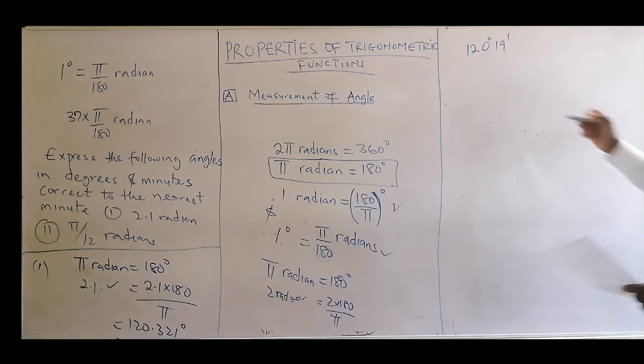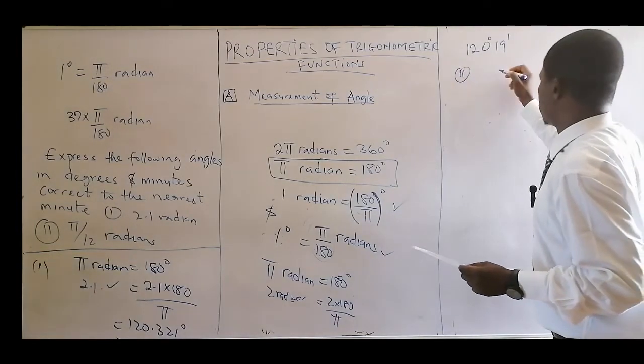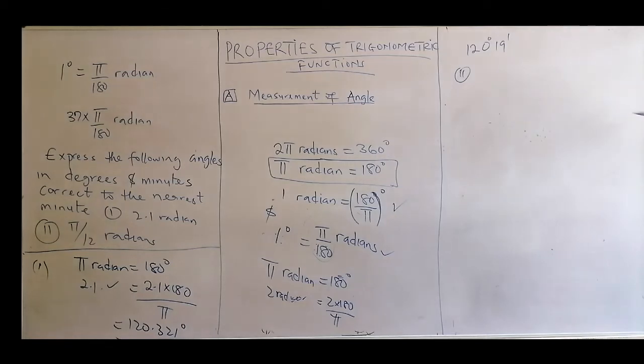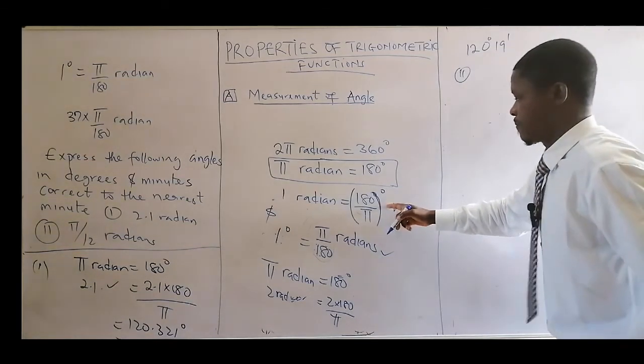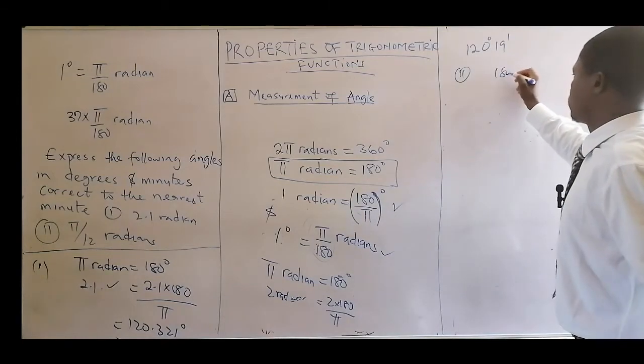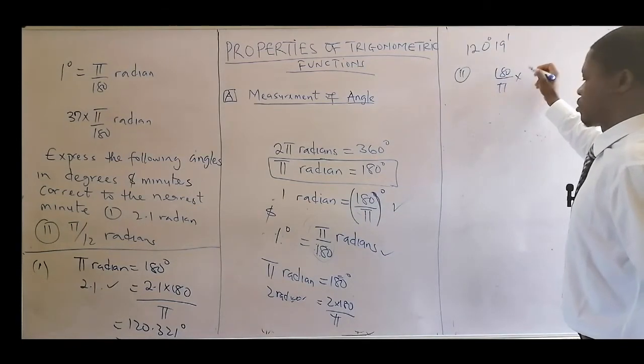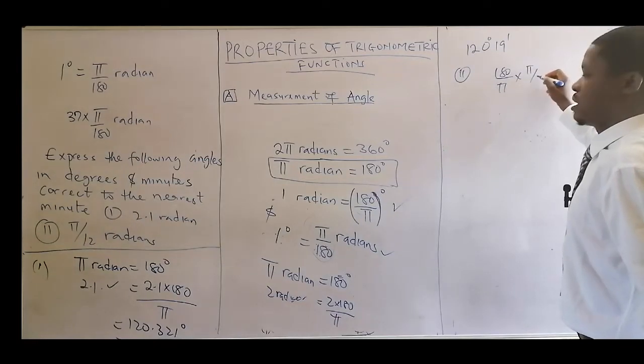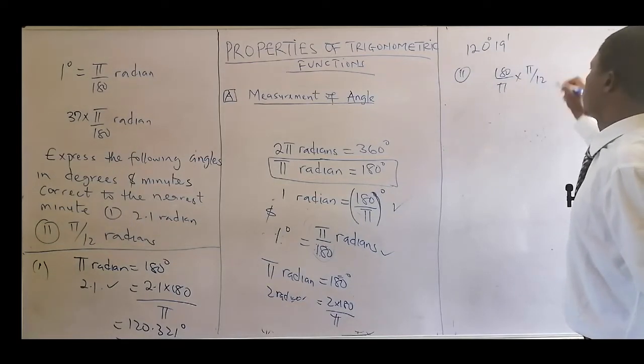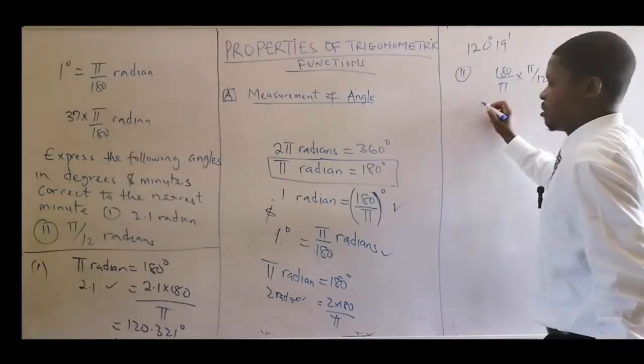Okay, number 2. Pi over 12 radians. Come back here. That will be 180 over pi times pi over 12.